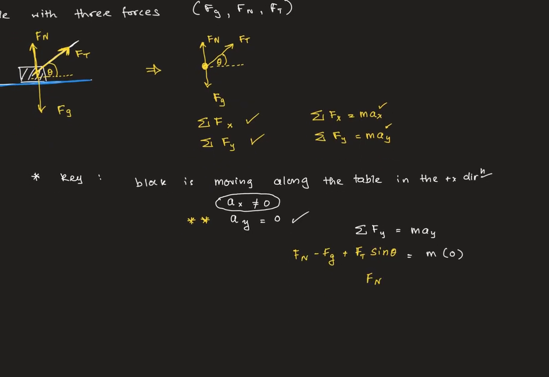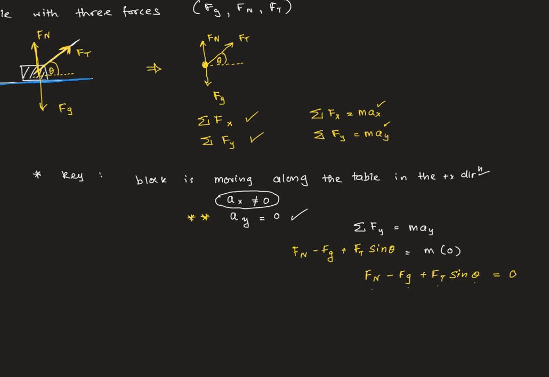So here you have Fn minus Fg plus Ft sine theta, and on the other side, since Ay was 0, we end up with a 0. By analyzing this equation, you should be able to find something that is not known. For example, if theta is given to you, you can find Ft if you know Fg and Fn.